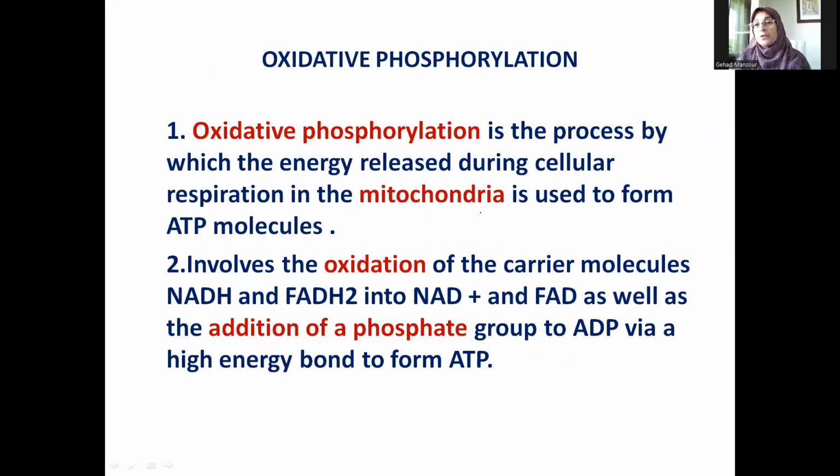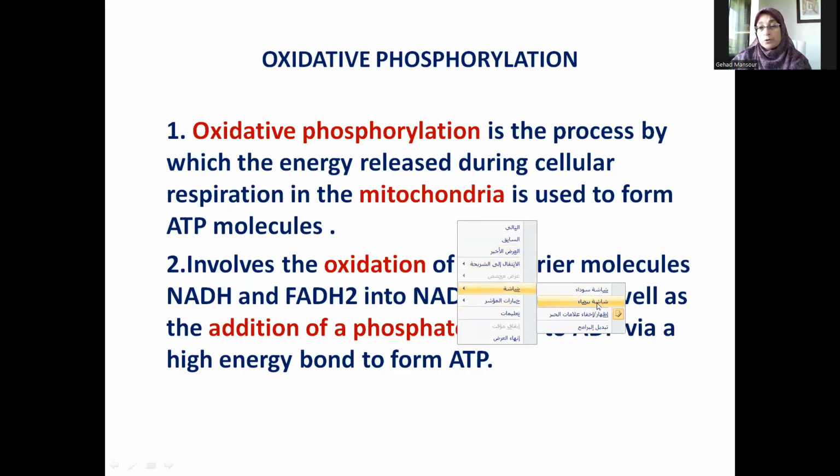So the presence of the ATP synthase is essential for storage of the energy and for coupling of oxidation with phosphorylation. Here there is an important question, which is, what happens if we decouple oxidation and phosphorylation?